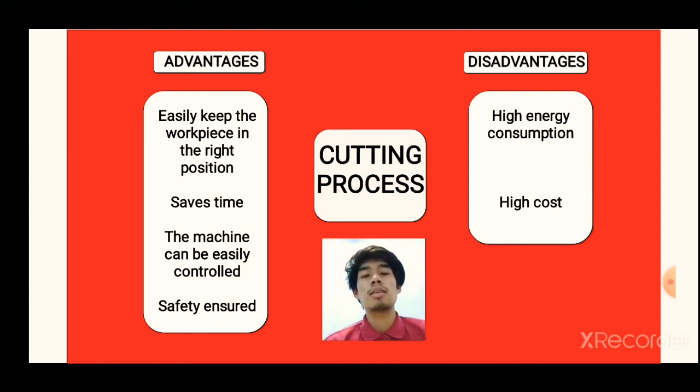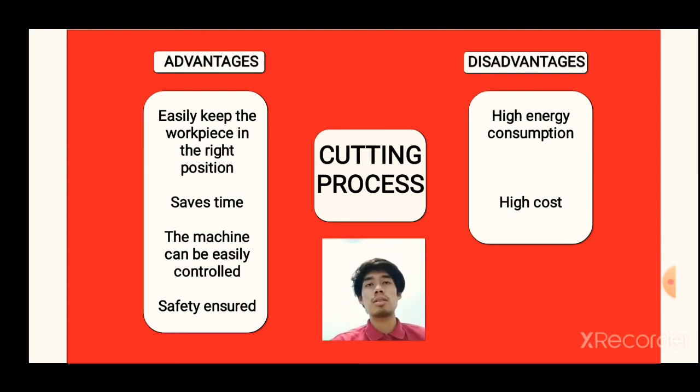Next, the machine can be easily controlled. The machine works automatically when the workers are operating the computer system.